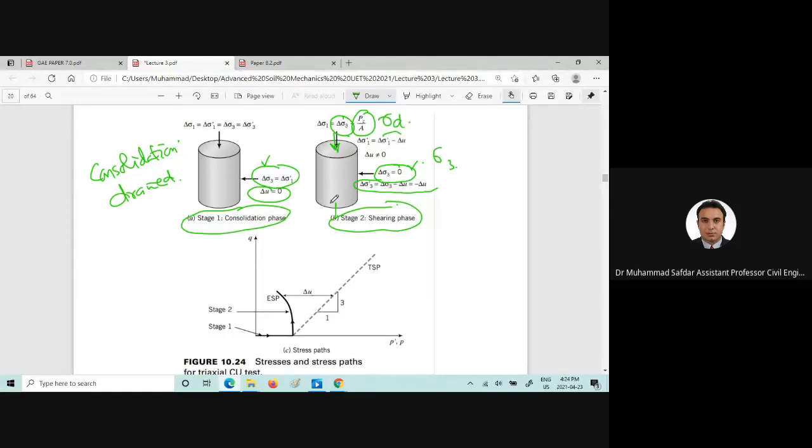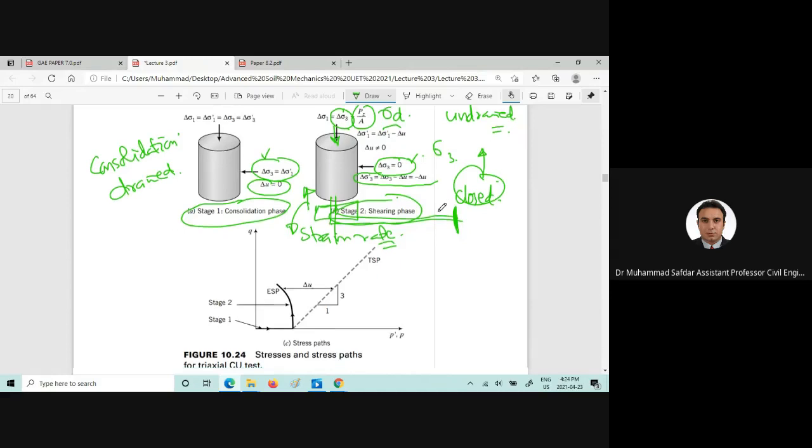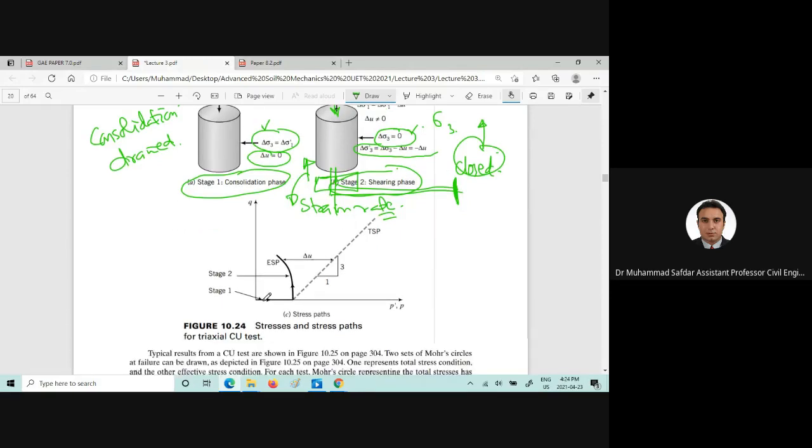But the only thing here which we need to note down is that the valve will be closed when this sample is sheared with a certain strain rate. So with a certain strain rate, when we are shearing it, this valve should be closed, and this will create the undrained condition.